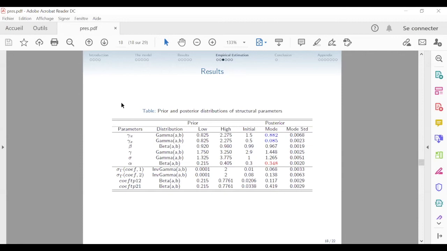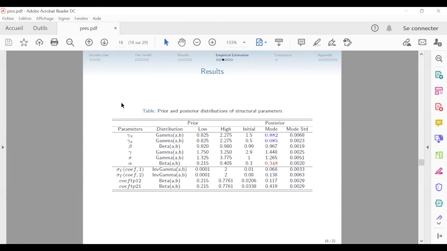Then concerning beta, it's almost 0.99, so there's not so much to say here. Gamma and sigma represent the intertemporal elasticity of substitution between leisure and work and between consumption and saving. They are close to 1, so it's not really striking. It's not a bad result.